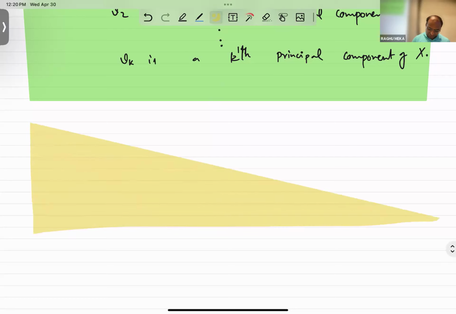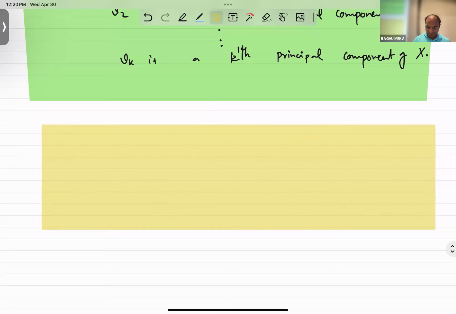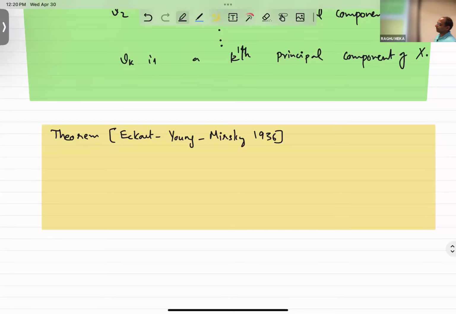The second magical property is that it also solves our other problem that we've been talking about. And this is the Eckart-Young-Mirsky theorem from 1936. Right? So the Eckart-Young-Mirsky theorem says that suppose I have some matrix X and I want to find the best rank K approximation.